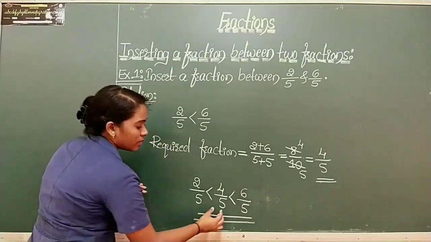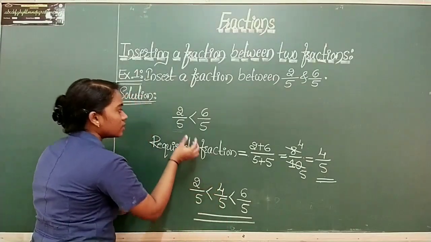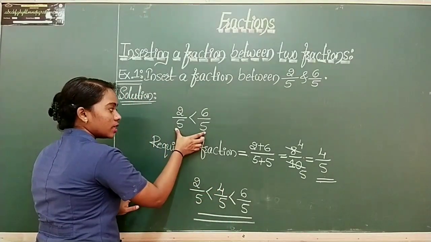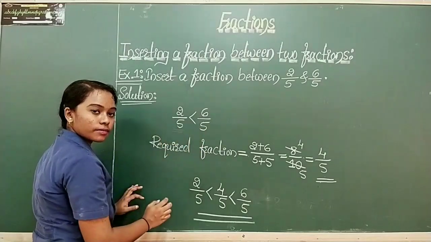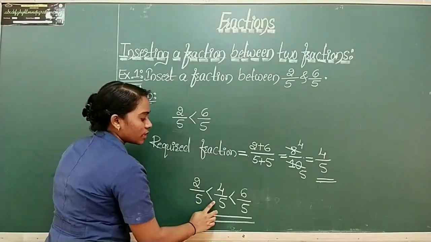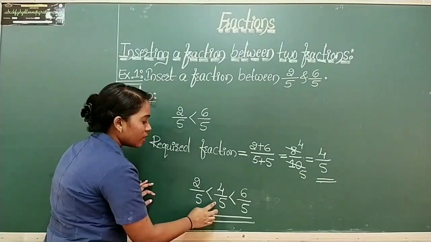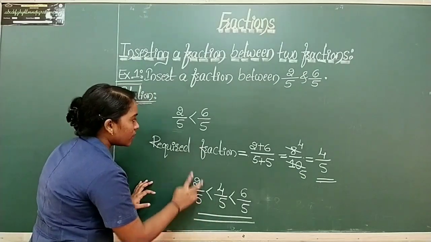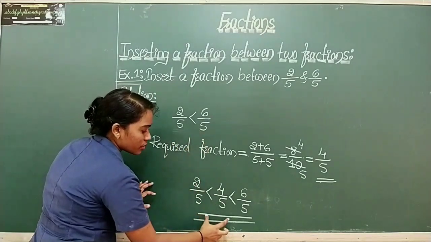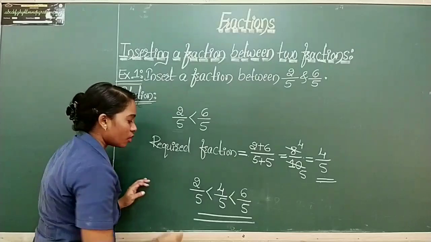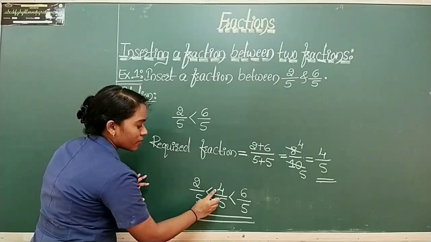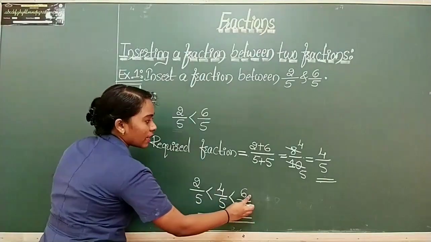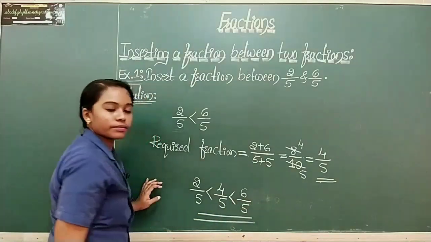See, in this way you have to insert a fraction between these two fractions. The required fraction is 4 by 5, which you have to insert in between these two fractions like this. Therefore, 2 by 5 is less than 4 by 5, which is less than 6 by 5.